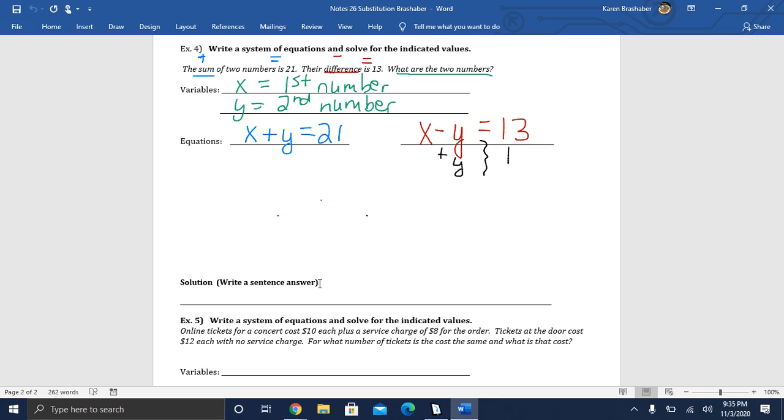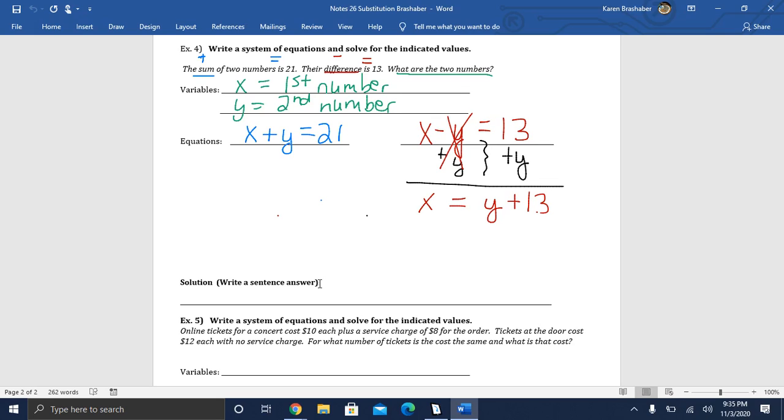So I'll do that by adding y to both sides of the equal sign, and that's going to give me x equals, so these are gone, and now I can't really add 13 and y, so I'm just going to write it as y plus 13, or you could write it 13 plus y.